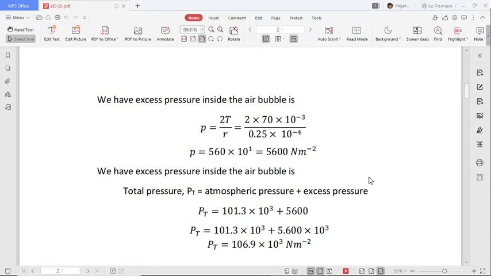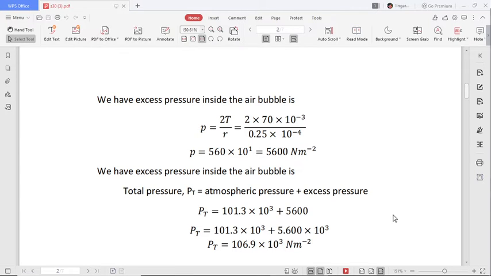After knowing the excess pressure inside the air bubble, what is the total pressure? Total pressure PT is equal to atmospheric pressure plus excess pressure. The atmospheric pressure is given, 101.3 into 10 to the power 3, plus the excess pressure we calculated earlier, 5600.